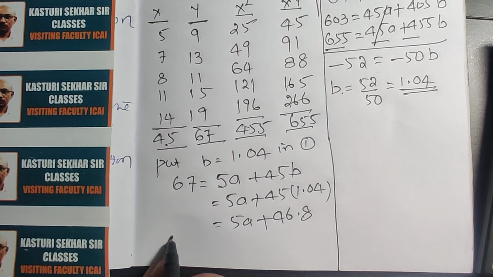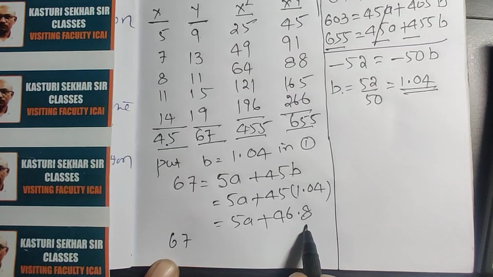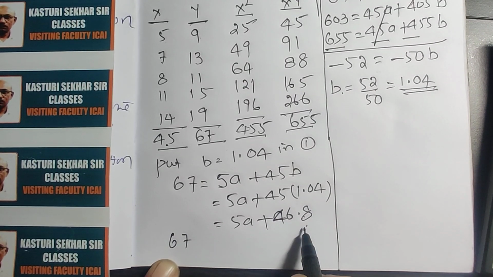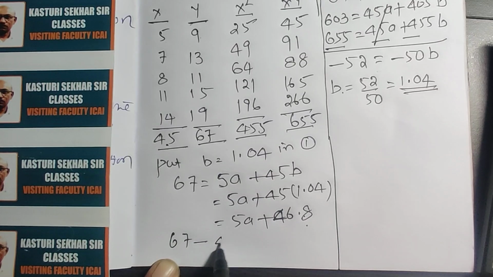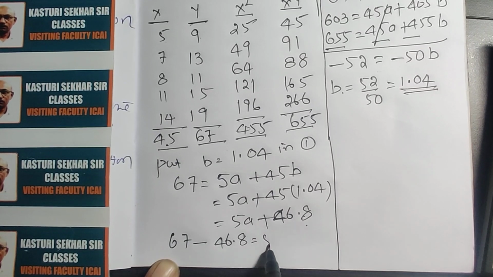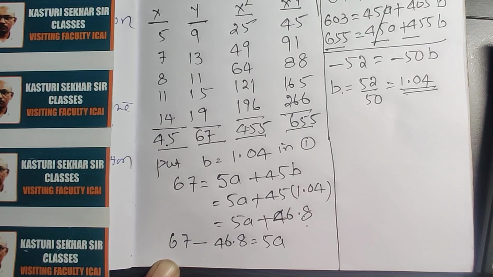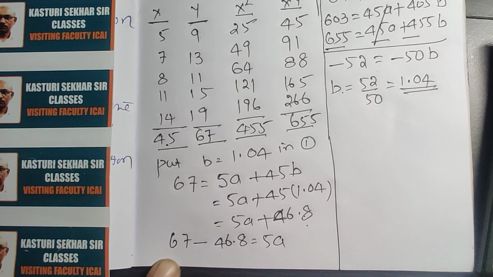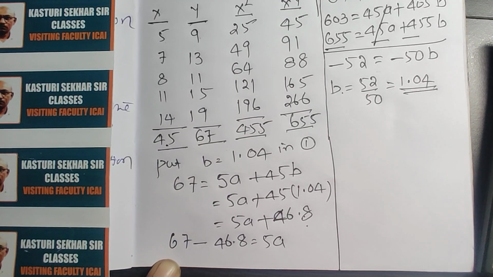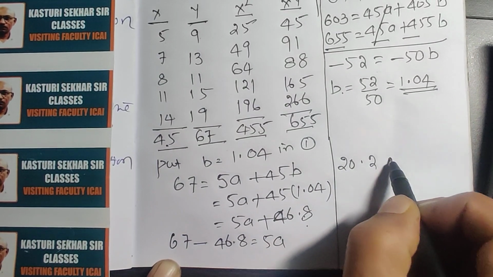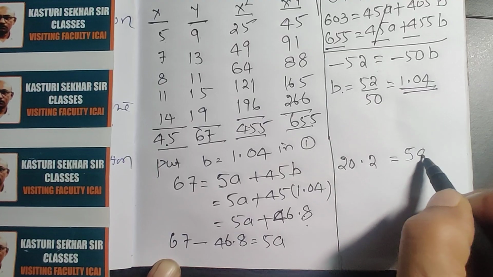So bring this value to this side. From the right hand side I am shifting this one to left hand side. This positive value will become a negative value, is equal to 5A. So 46.8 I have to subtract from 67. 67 minus 46.8 is equal to 20.2 is equal to 5A.